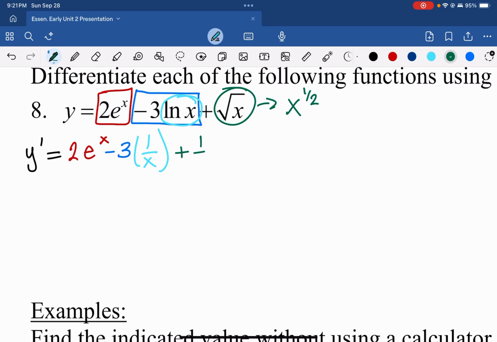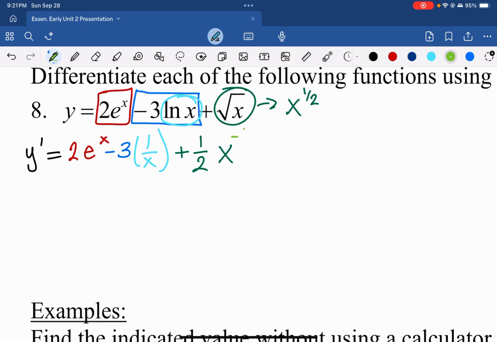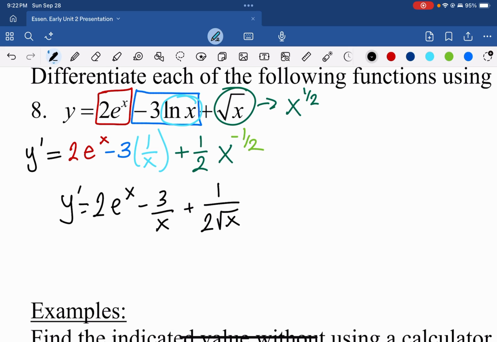So plus 1/2 x to the negative 1/2. We can leave it like that, or I can simplify. Y prime equals 2e to the x minus 3 over x plus 1 over 2 square root x. So I just take each piece individually and take its derivative.